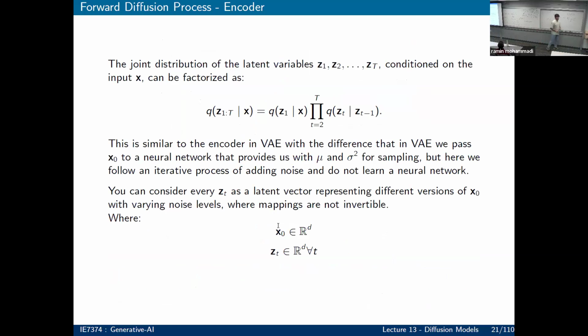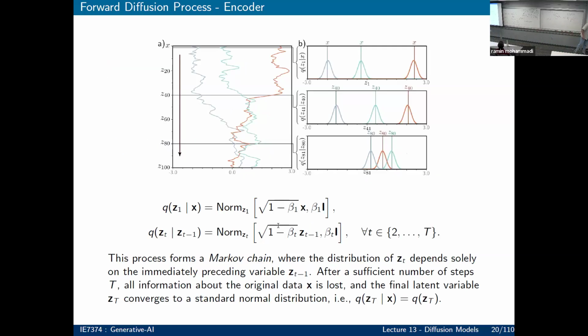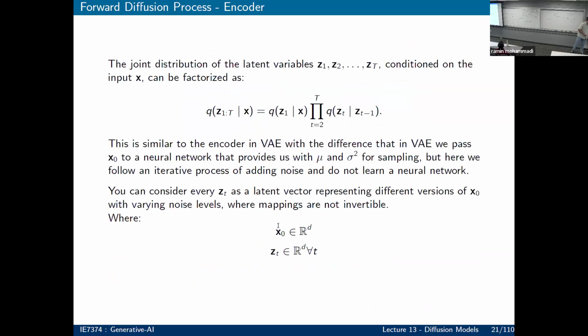So if you think about this equation that you see, the image on the right, every image basically tells you the conditional of the next time step given the current time step. It's kind of like a Markovian, right? So if you have all of those conditional distributions, you can combine those, and you can basically have the general joint distribution for all the Z's, Z1 through T, given the starting point, right?